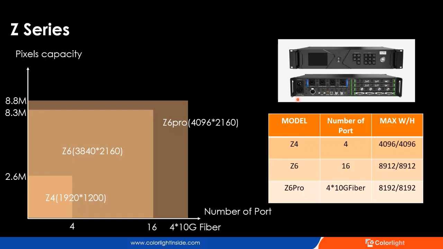Each fiber connector uses 10 gigabytes, so the maximum loading capacity is 8.8 million pixels. For more details about the Z series or X series, you can follow us on YouTube at ColorLight Technology and watch the previous videos. So today we won't show too much detail on this topic.